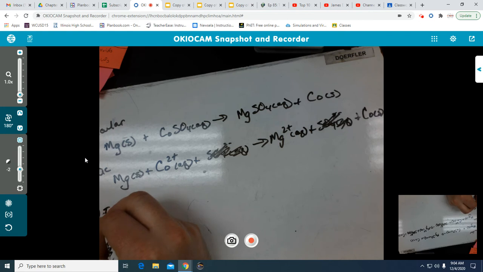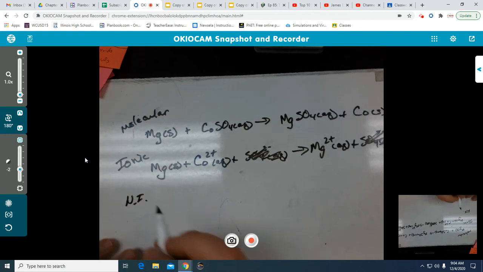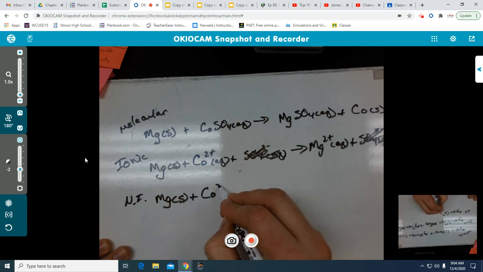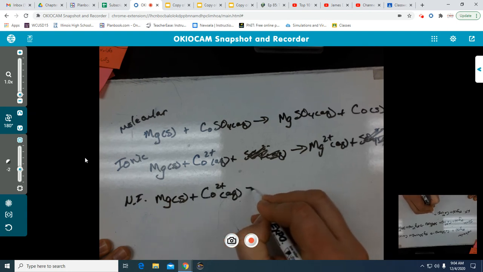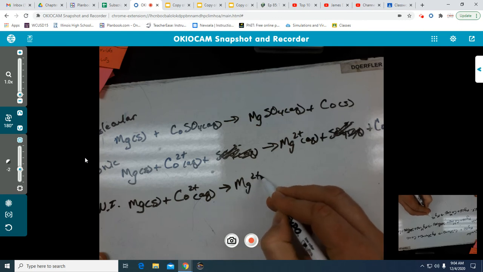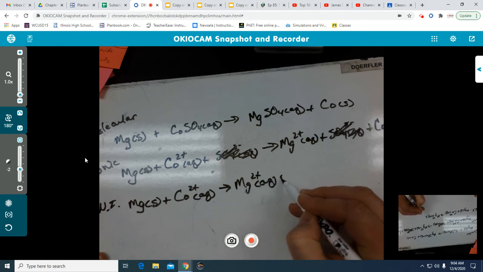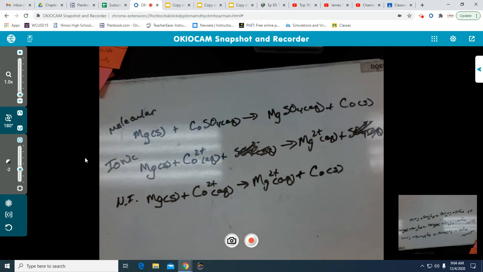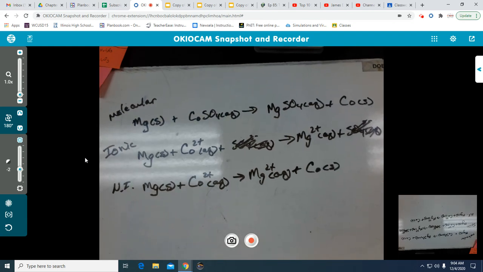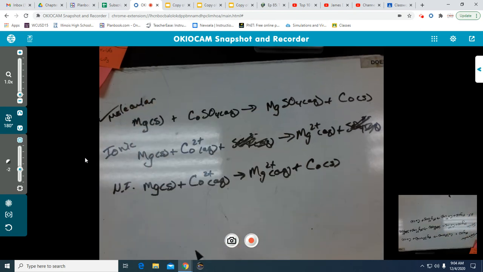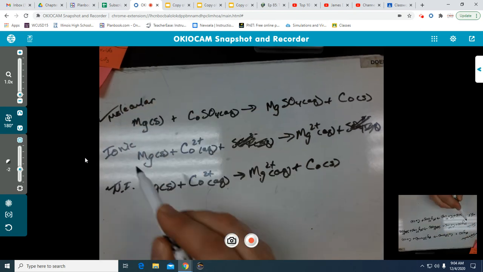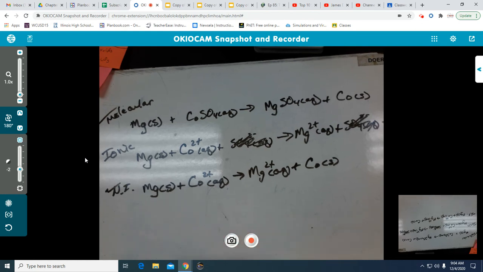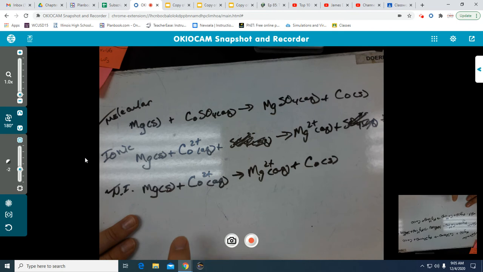So our net ionic equation is going to be Mg solid plus Co2+ aqueous yields Mg2+ aqueous plus Co solid. Okay, so we checked off the balanced molecular equation. We've checked off the net ionic equation. So that's part A.